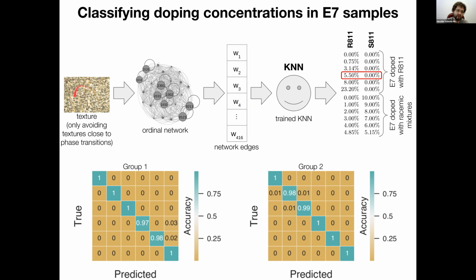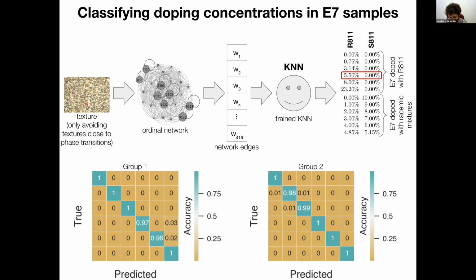So we have our texture, we map it into an ordinal network, and we use the ordinal network edges to train the KNN to predict the doping concentrations. What I am showing here again is a confusion matrix for the two groups of E7 samples. As you can see, the confusion matrix is almost diagonal, indicating that our approach is quite effective in determining the doping concentration directly from images of these materials.